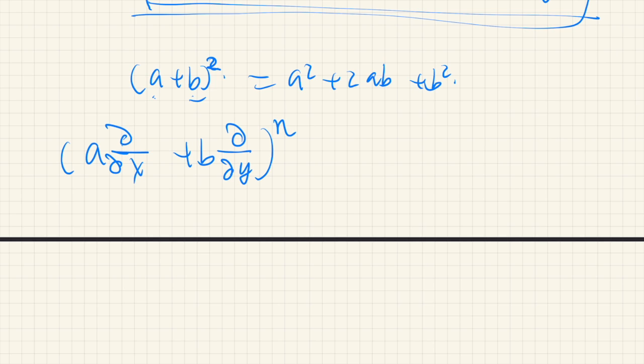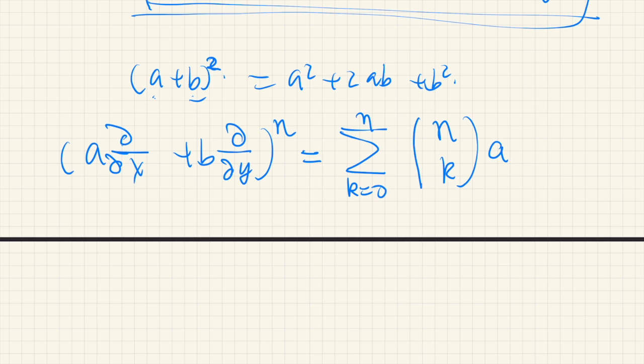By using the binomial theorem, this is expanded as this: the sum for k from 0 to n of n choose k, a to the power of k, b to the power of n minus k, and d^n over dx^k dy^(n-k).